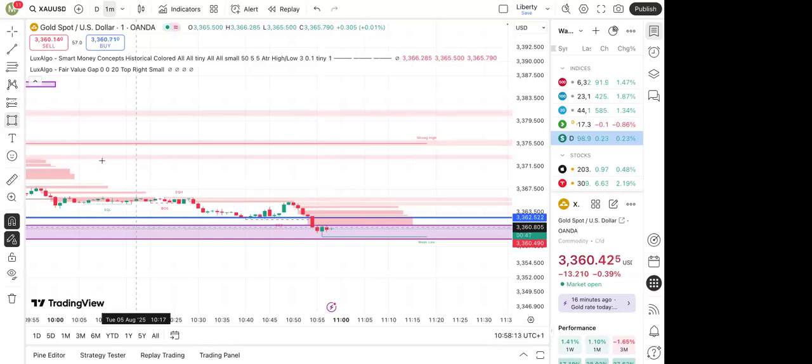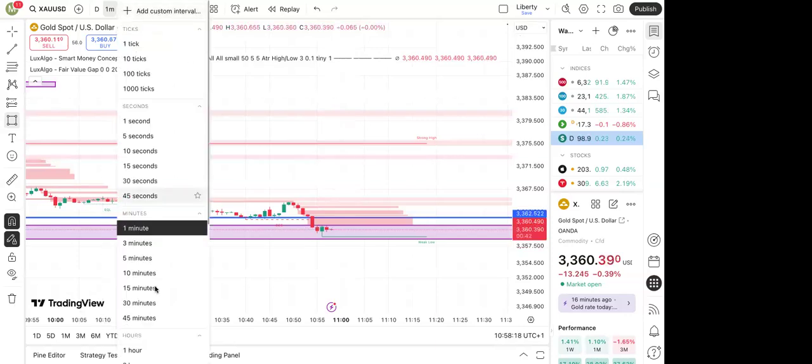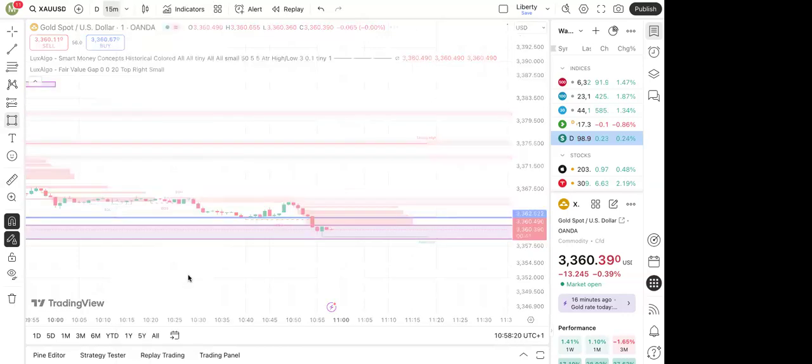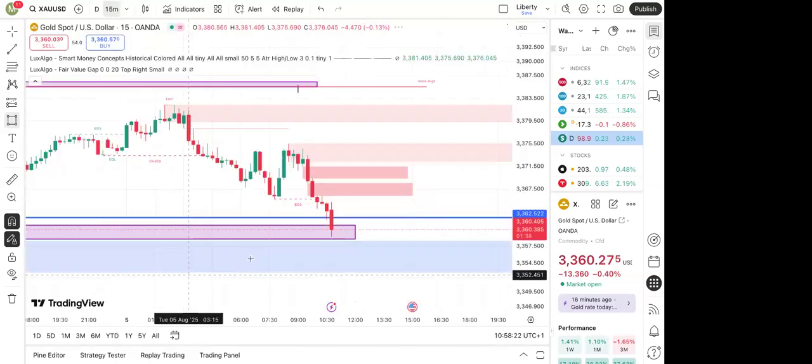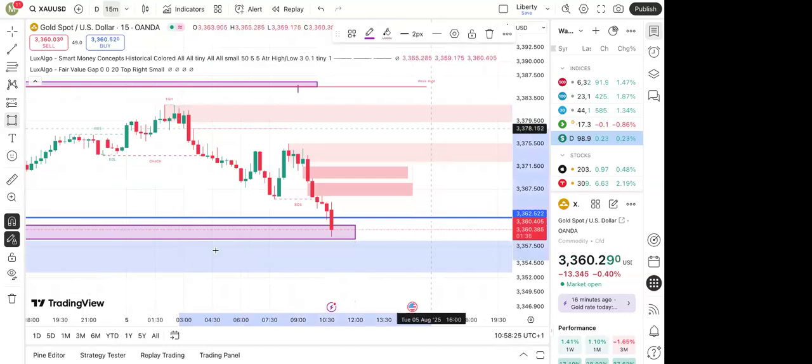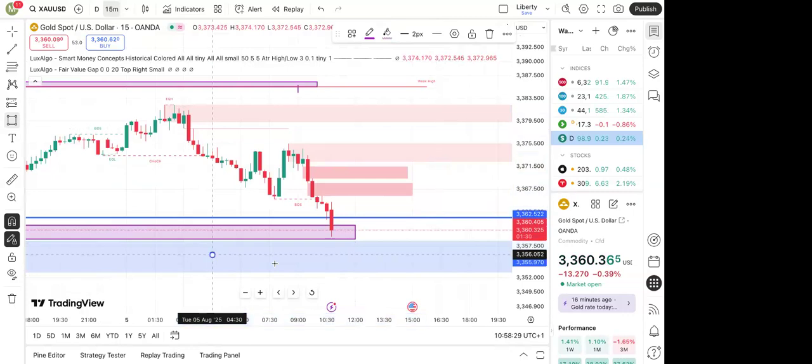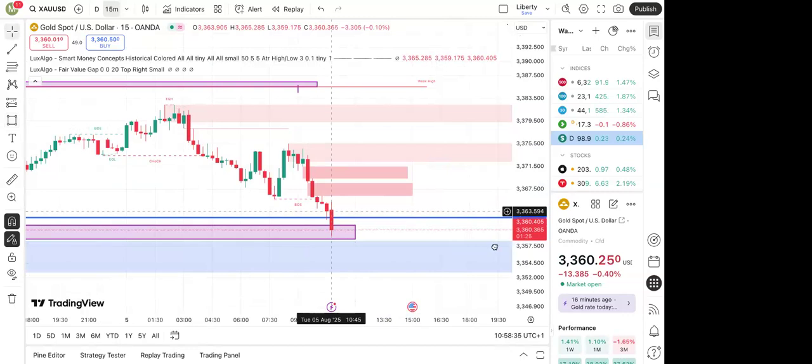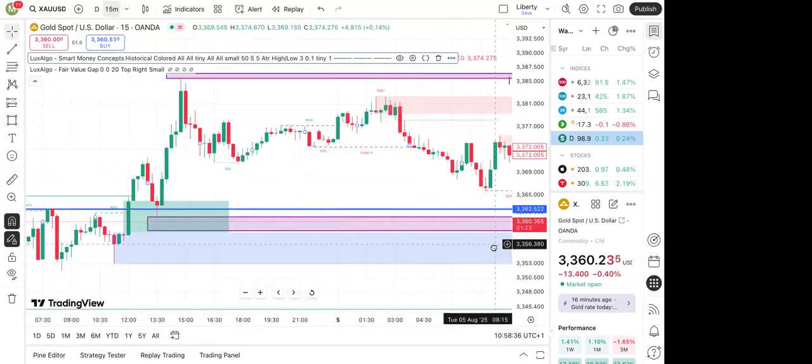We'll be looking at an SL below the last, sorry, I just want to move this to show us the last candle.